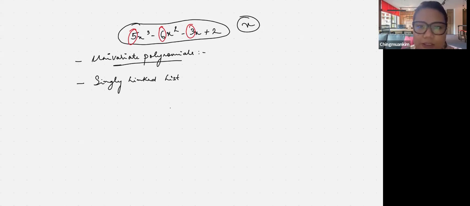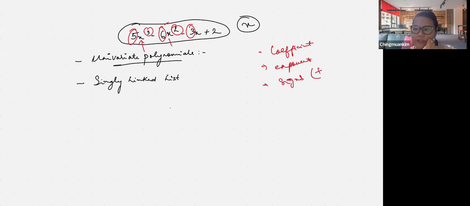These are the exponents. First of all, we need to be clear with all these terms. In a polynomial, we have a coefficient, an exponent, and also signs, right? Here we see plus and minus, plus, minus, okay?